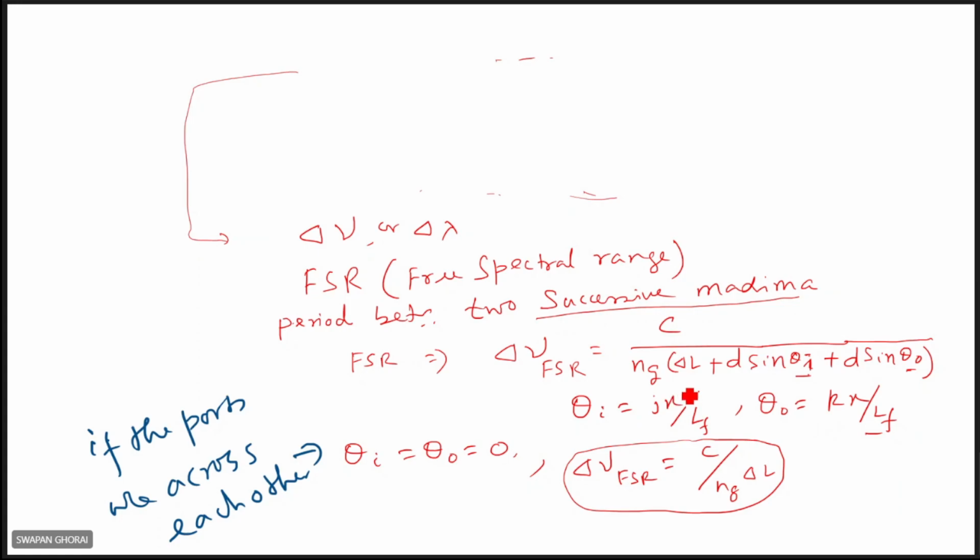Now this can be simplified if you consider the input and output ports across from each other, then theta i and theta 0 will be 0. In that case, delta nu FSR will be c by Ng delta L. That is the free spectral range, the period between two successive field maxima in the frequency domain.